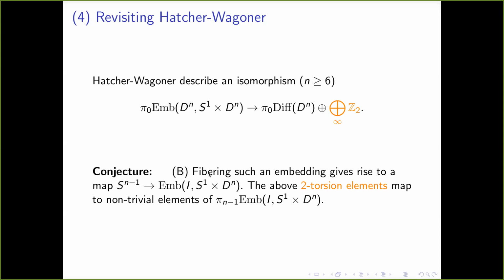And so what I think is likely true is that these Hatcher-Wagoner embeddings, you detect them by fibering them and looking at this family of embeddings of an interval in S1 cross Dn that you get. But it just rhymes so well with everything we're doing. This is a natural conjecture, and maybe David will join me in conjecturing this eventually.